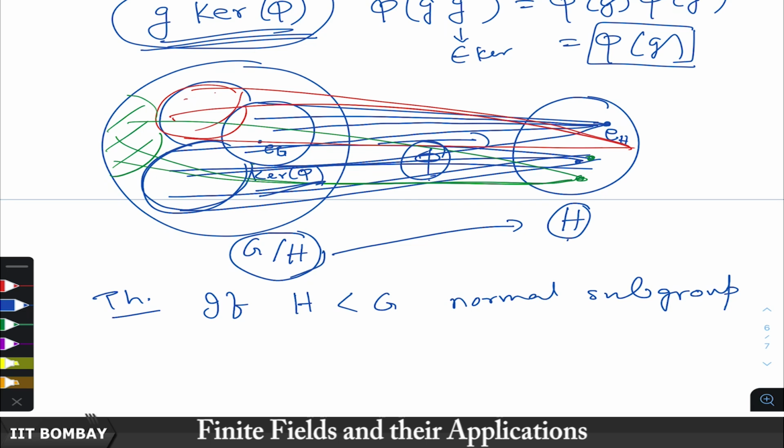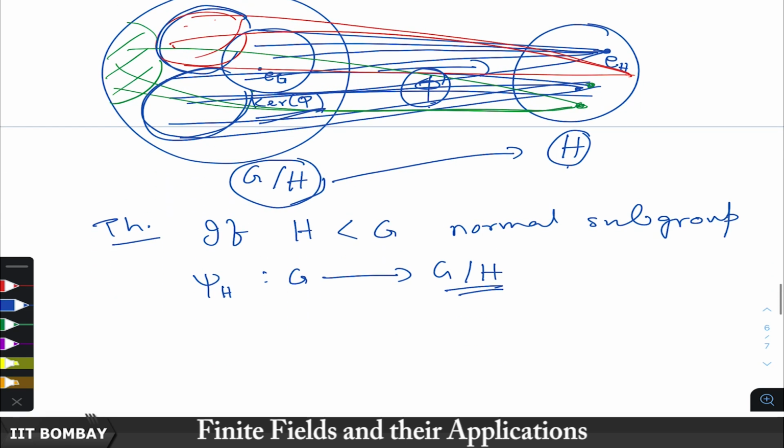On the other hand, if you are given any normal subgroup, we can define a mapping from G to G by H, where we collapse every coset of H and visualize it as an element in the quotient group. That is all this mapping is. So, G goes to G/H, and the kernel of this map is H itself.